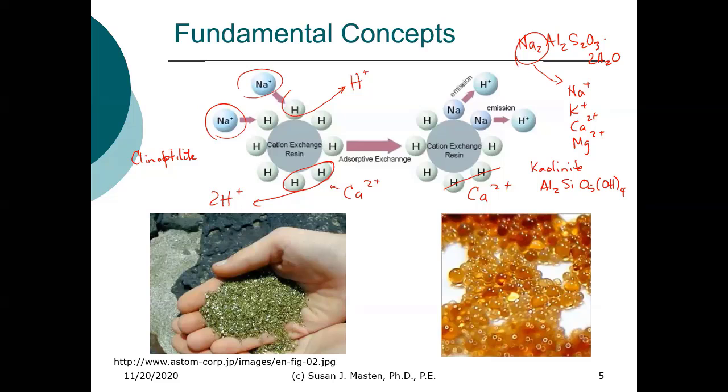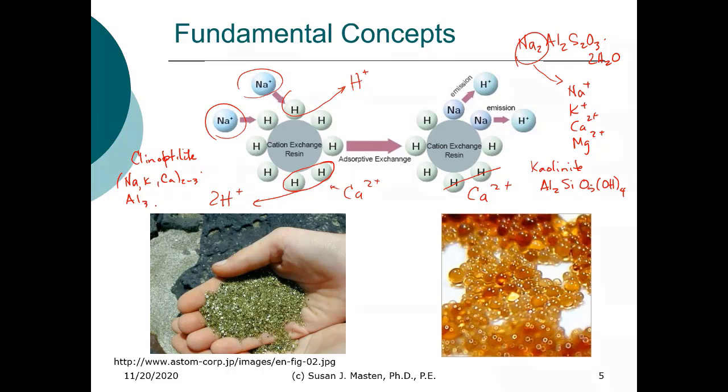Clinoptilolite, another clay material, can be a combination of sodium, potassium, calcium. The ratio depends on the forms. With aluminum, I'm not going to write this one down. It's basically an aluminum silica oxide. And I will fill that in later because I realized I have it in my notes incorrectly.